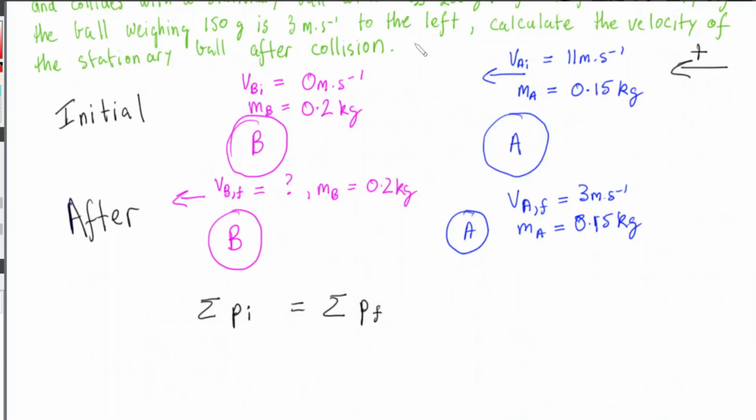So the momentum in the initial condition is going to be the momentum of A plus the momentum of B. So let's write that down mathematically. So we're going to say P of A plus P of B, and this is in the initial condition, so I'll put I's in there. It's going to be equal to P of A plus P of B in our final condition.